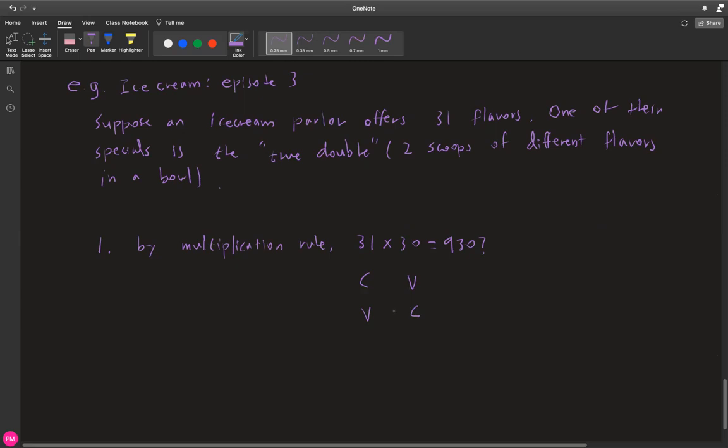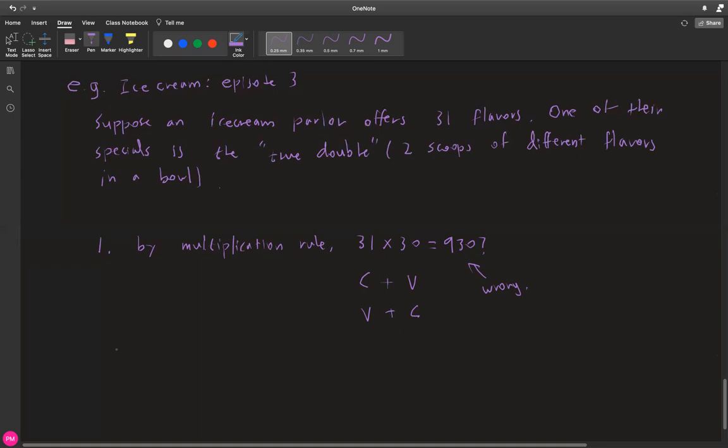For some people, being served chocolate and vanilla and vanilla and chocolate are not the same thing, but let's suppose for the sake of the problem that they are the same. So the number 930 is not correct, because there is an order to things, and in this case we are not treating the orders as different, even though the multiplication counts them that way.